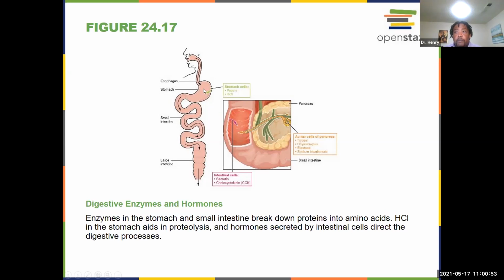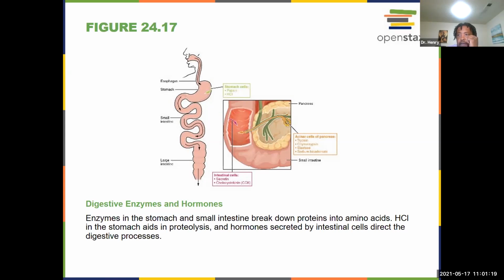So, and not in the stomach, they're going to be released in the intestines. So these guys are going to be released in the intestines, and the intestines is going to cause the further clipping of the proteins into amino acids. And so they're going to be broken down even smaller at that point.